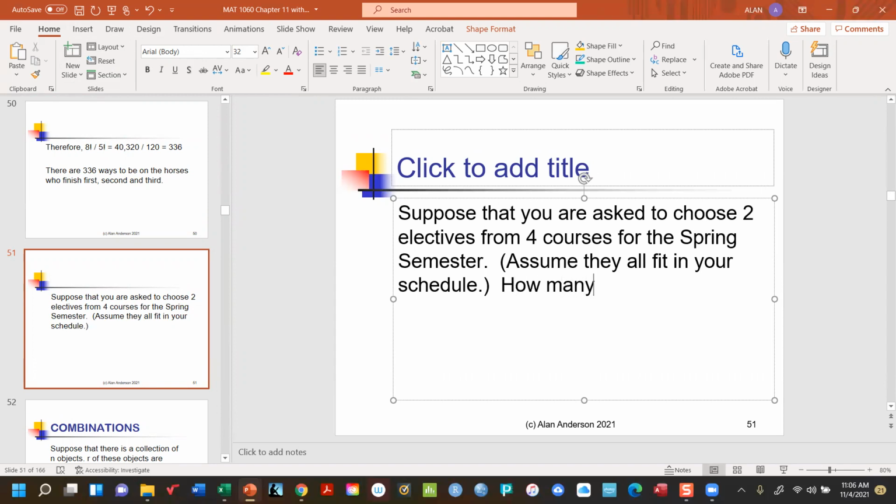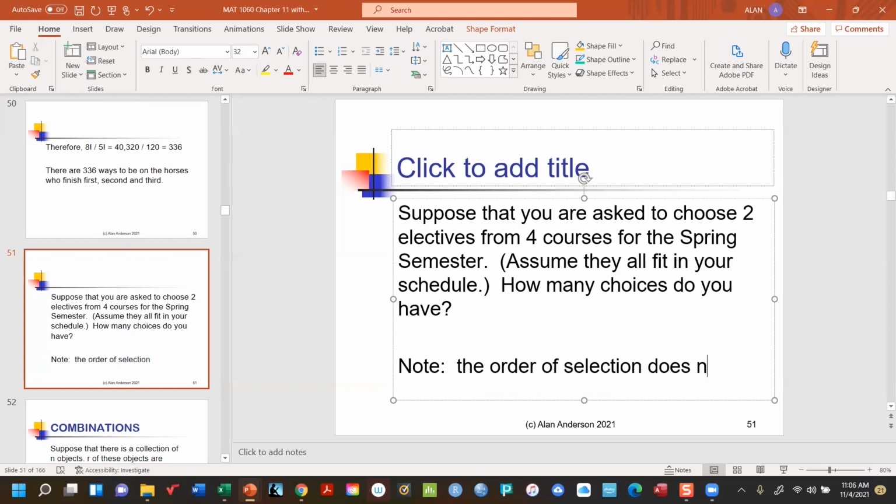How many choices do you have? Well, here's the big question. Note the order of selection does not matter. Okay, you see why? Because you're just saying, listen, here's a list of 4 electives, pick 2 of them. If you pick whichever one you pick, it doesn't make any difference. It's just the 2 electives.